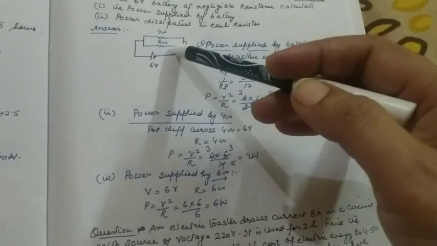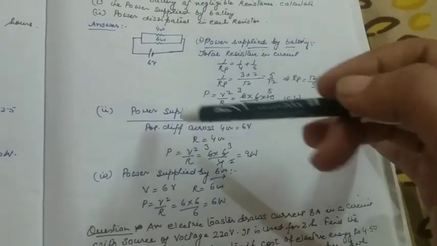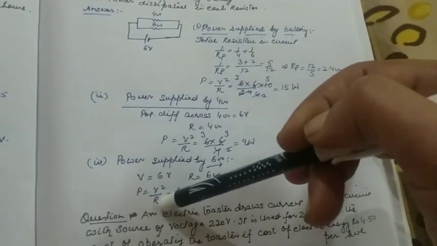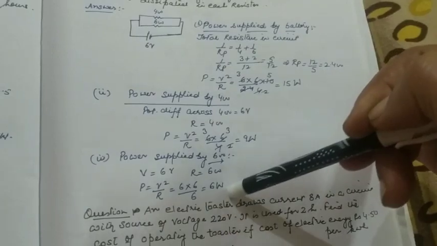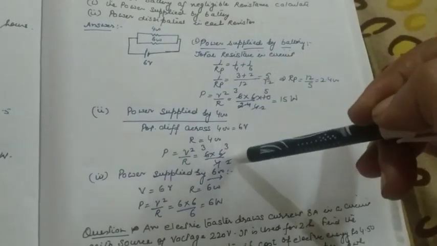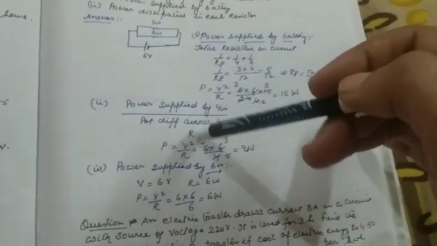In the same way, power supplied by 6 ohm: voltage is 6 volt because it is also connected in parallel. Voltage we know, resistance we know, using P equals V square upon R we can easily find the power. The total power 15 watt is distributed into two parts, 9 plus 6: 9 watt across this, 6 watt across this.